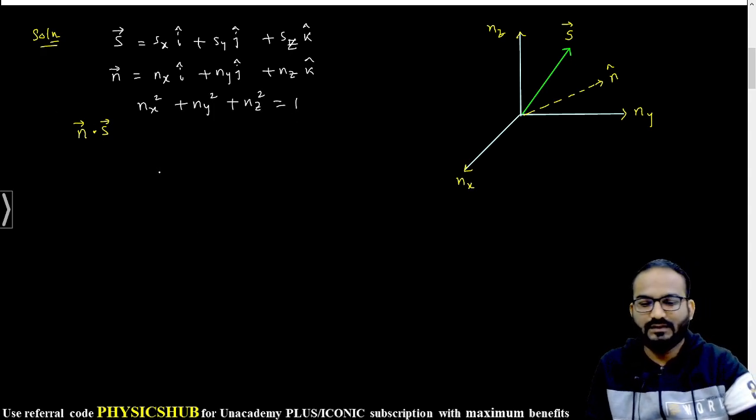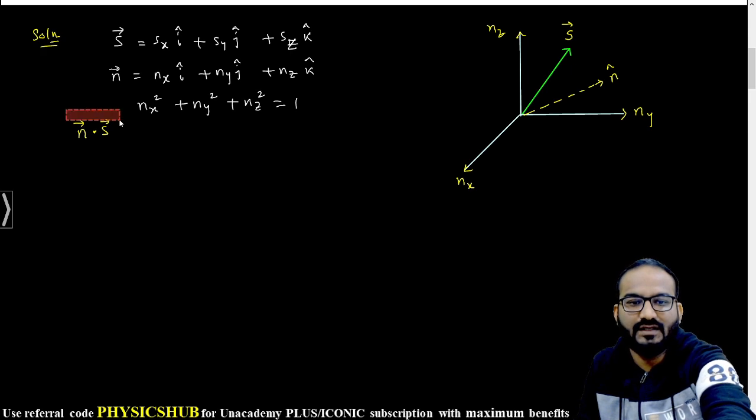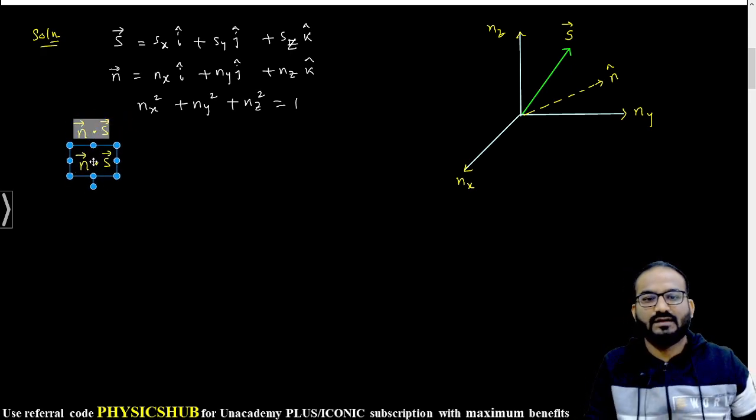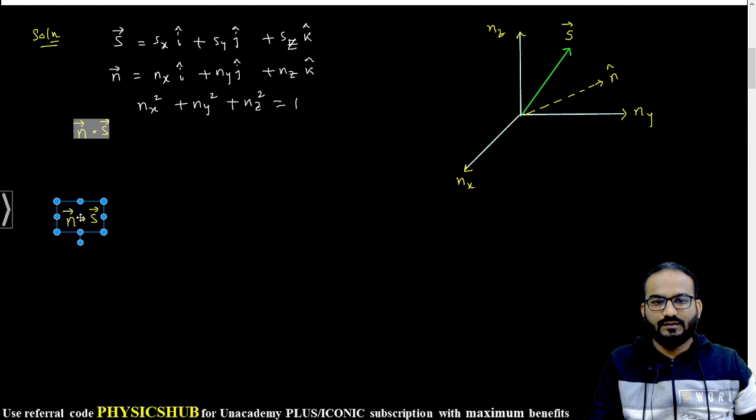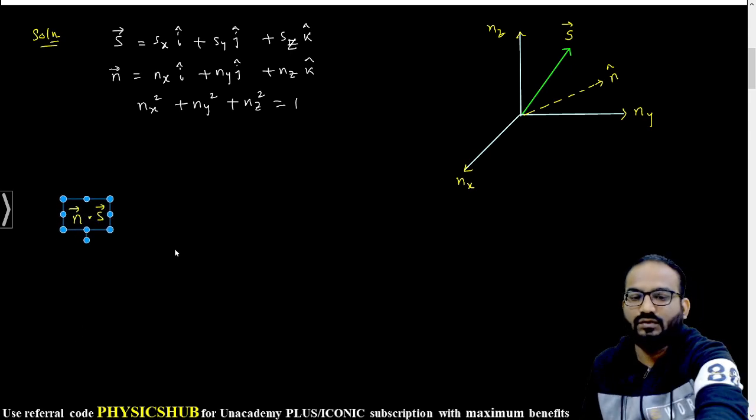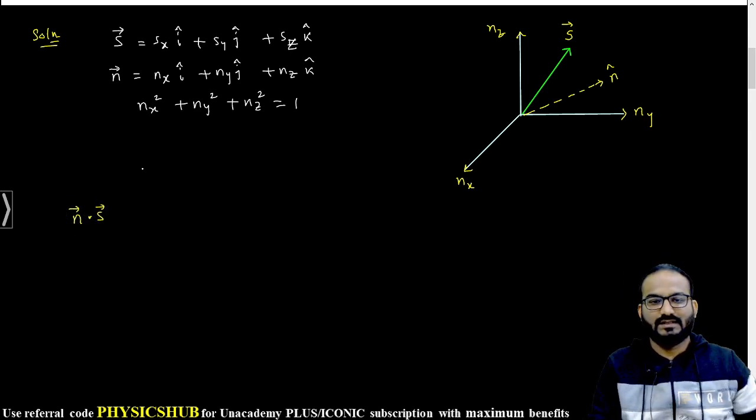You need to calculate n dot s, so before calculating that, you need to know what sx, sy and sz are.